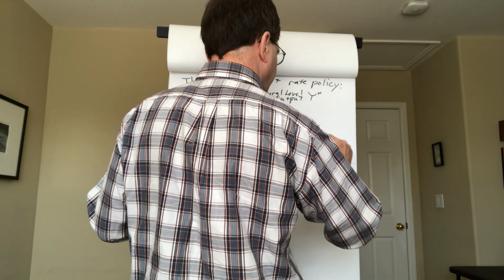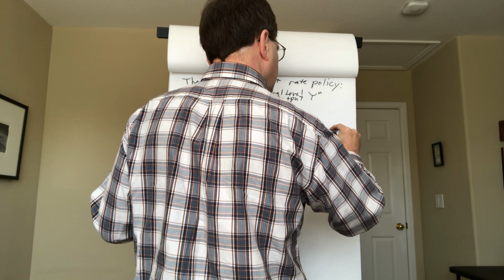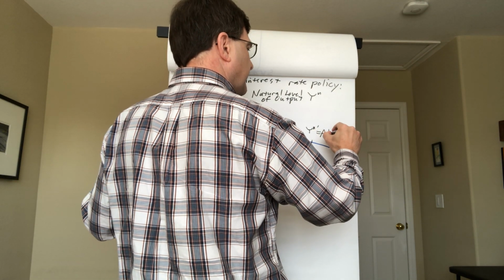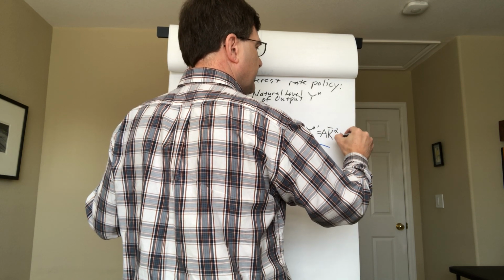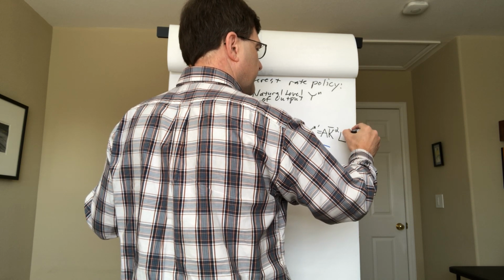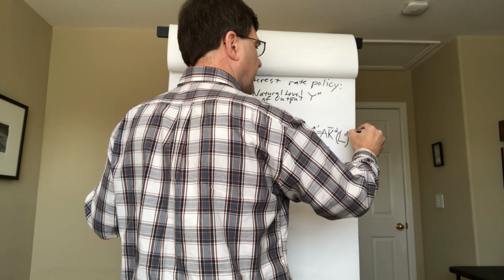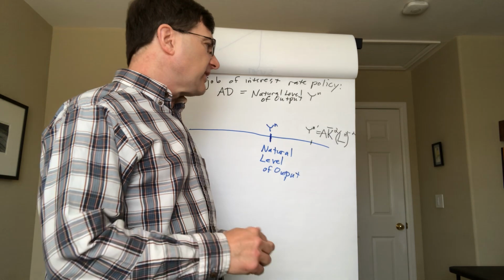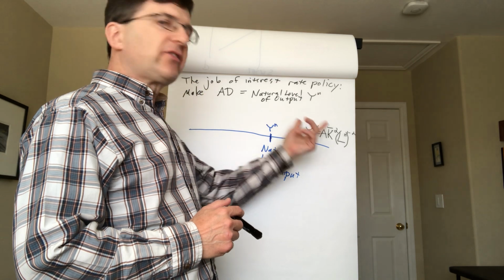Well, the natural level of output is equal to, let's use Cobb-Douglas, the level of technology times the amount of capital to the alpha times the natural level of employment, so maybe I'll put a little n here, the natural level of employment to the 1 minus alpha. Okay, other than this concept of the natural level of employment, this should be very familiar.